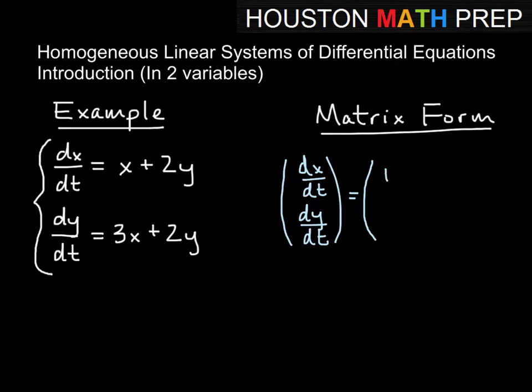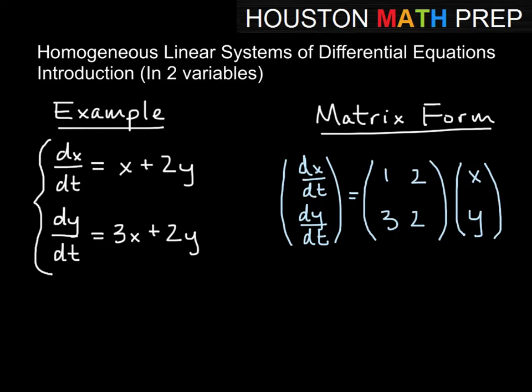So we have 1x and 2y in the first row, and then 3x and 2y, that's our information in the second row. And that is going to be times our variable vector, a column vector with x and y in it.